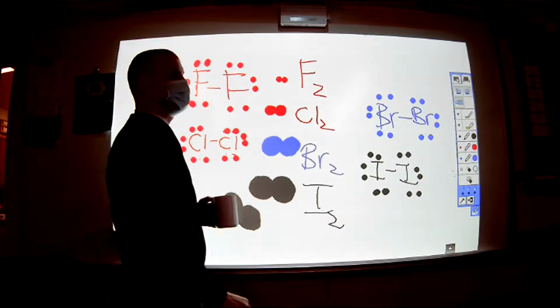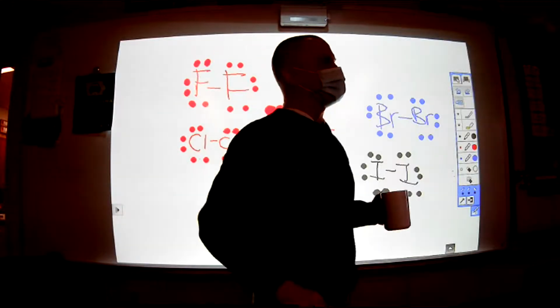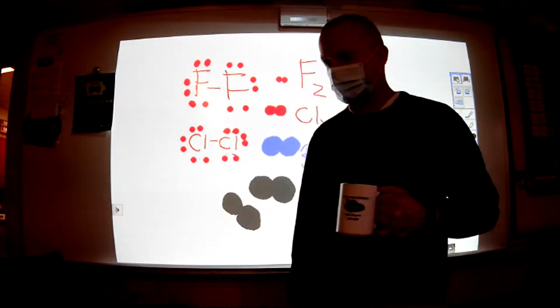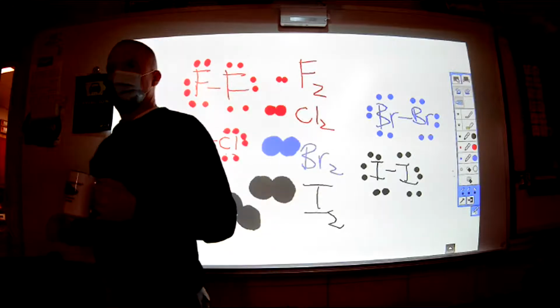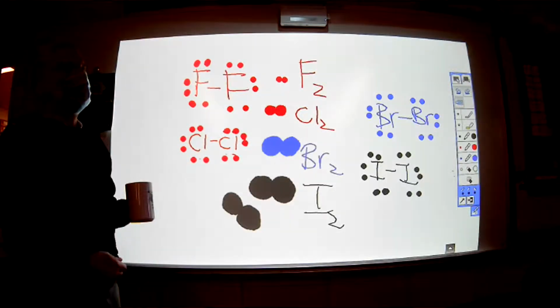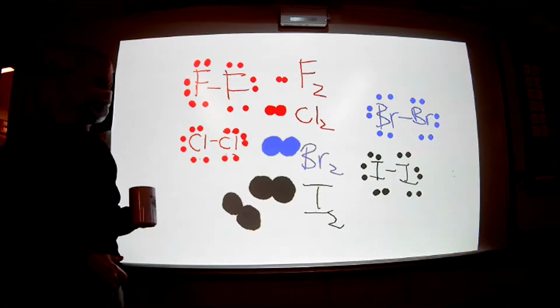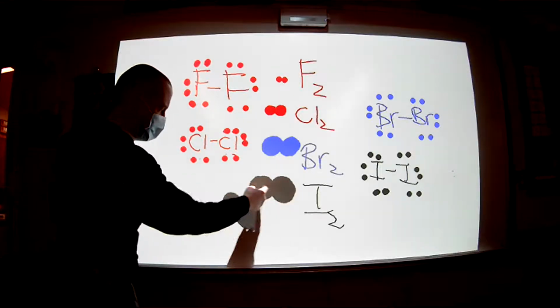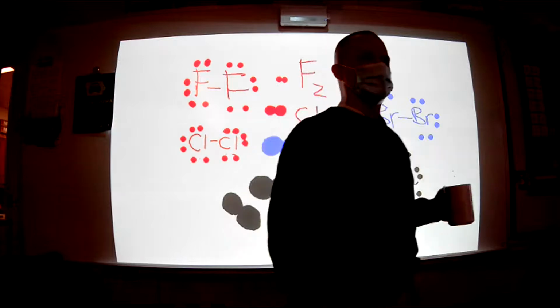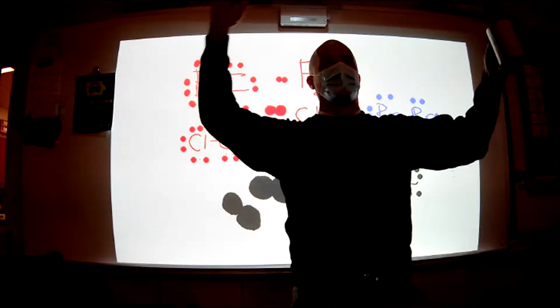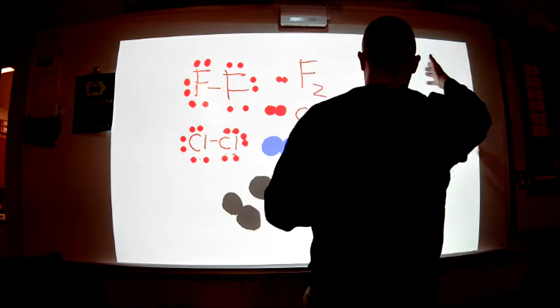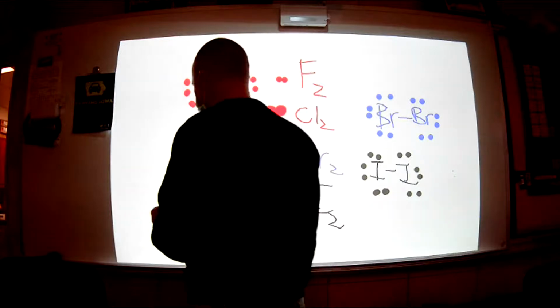Iodine has lots of electrons. How many electrons does iodine have on it? Do you see the atomic number? Iodine's atomic number is 53. So every iodine atom there has 53 electrons.